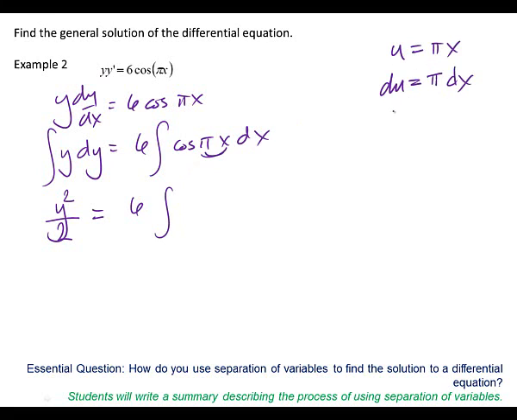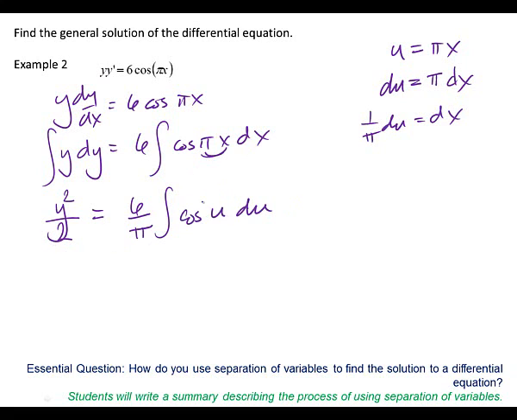Pi dx. I don't have the pi, so I got to move the pi over. So for the pi x part, I put in u. For the dx, I put in 1 over pi du. Does everybody okay with my over pi out front here? Understands where it came from?